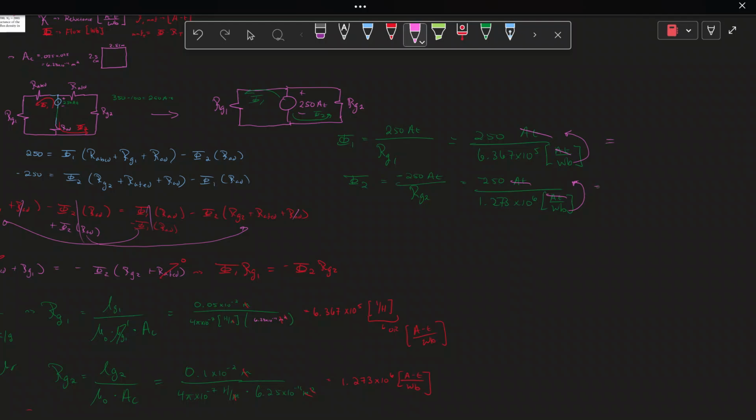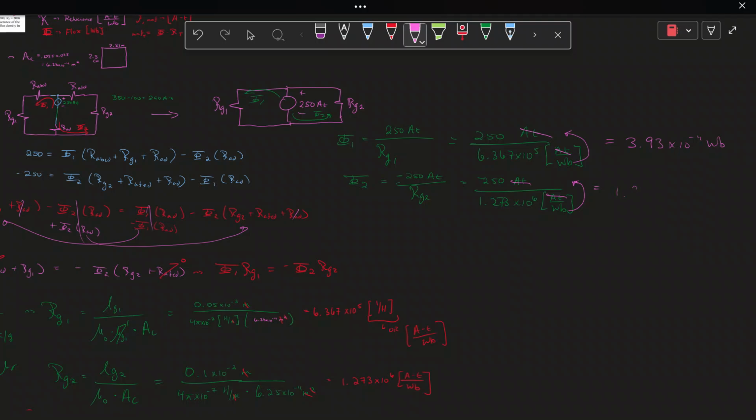So now the fluxes. Plug this into our calculator: 250 over 6.367 times 10 to the fifth. We get a flux of about 3.93 times 10 to the minus 4 Webers. The bottom one, flux 2, what does this end up giving us?